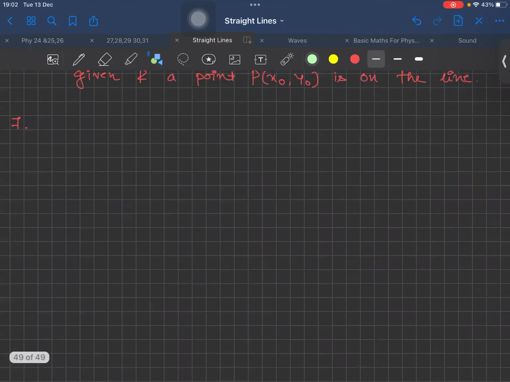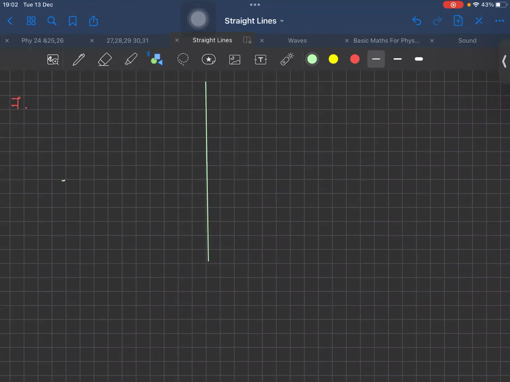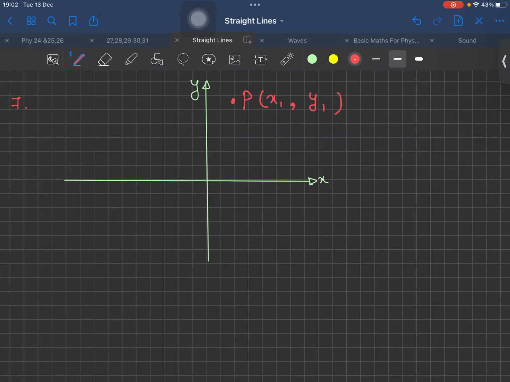Now, if only 2 points are given, on the x, y plane, let's say some point P, x1, y1, and some point Q, x2, y2. So these 2 points are given to you.